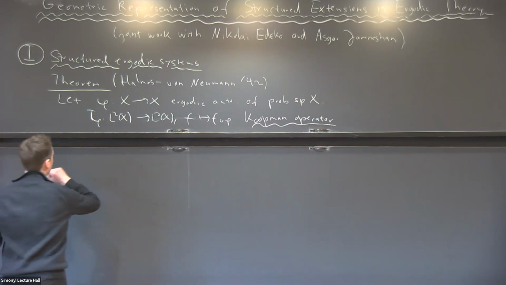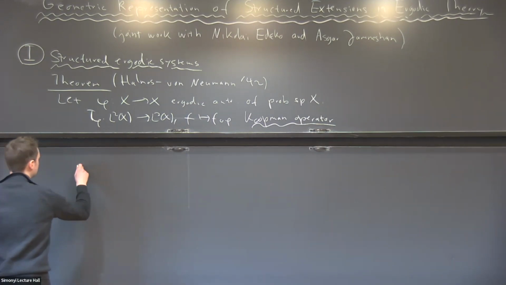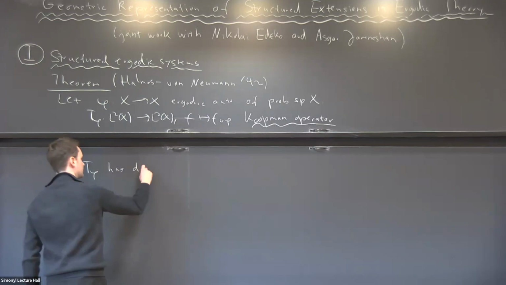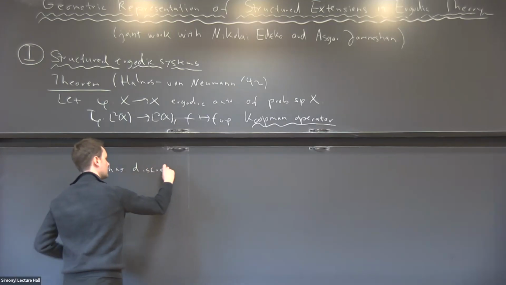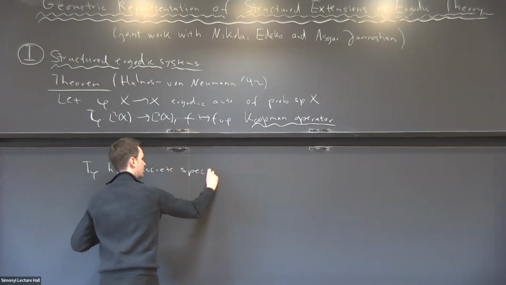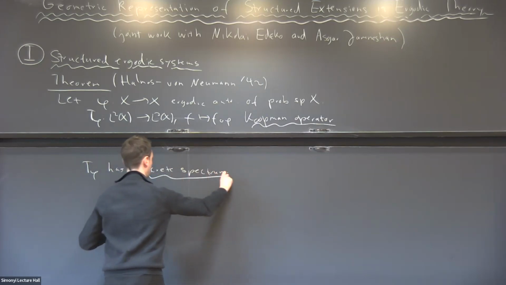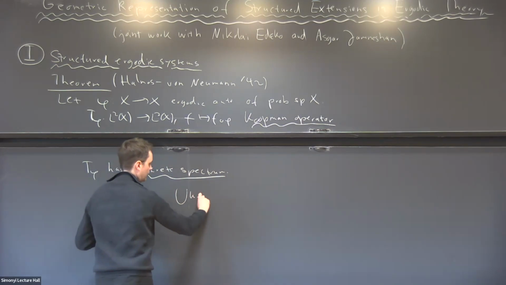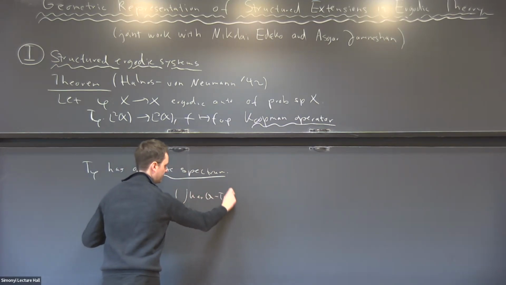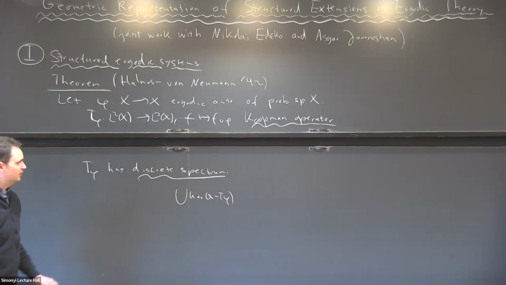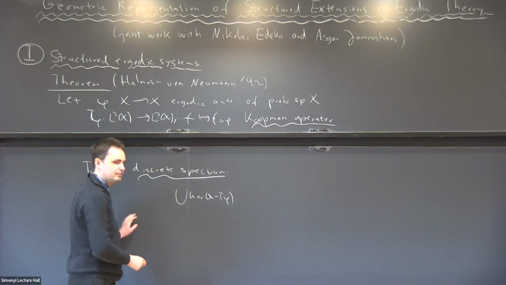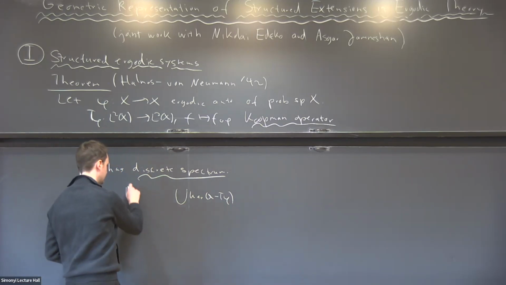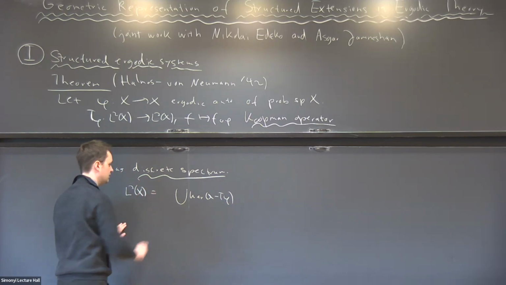So, let me write again what this means. The system has a discrete spectrum if I take all the eigenspaces of my operator. Of course, on the eigenspaces the operator acts in the most simple way I can imagine, just by multiplication with a number. Now the point is that my whole space is already generated by these.